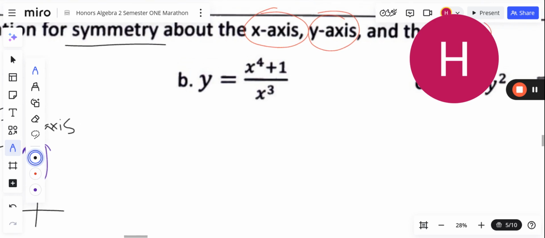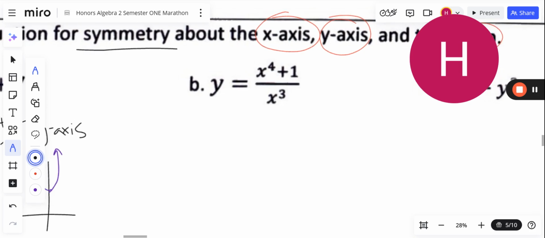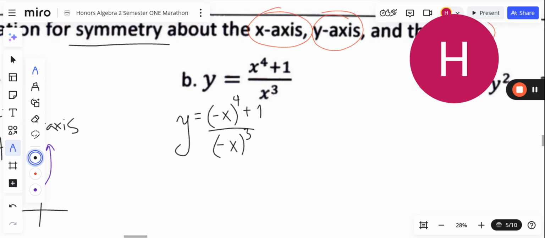Okay, here's an interesting one. We're going to check for x-axis symmetry by plugging in negative y. Actually, the first thing to plug in, which is usually easier, is y-axis symmetry. Let's plug in negative x here to the fourth plus 1 over negative x cubed.